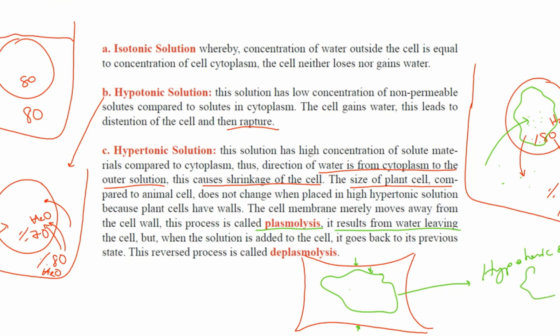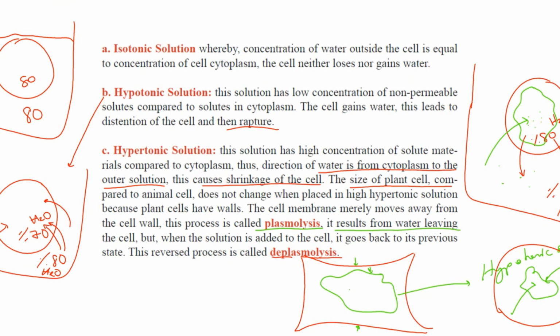At that time the shrunken cell gets water, and at the end it goes back to its original size. At that time we call it deplasmolysis. Losing water is plasmolysis; gaining back this lost water is deplasmolysis.